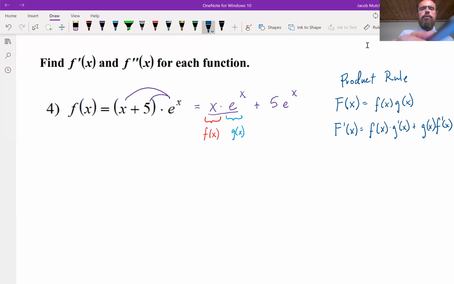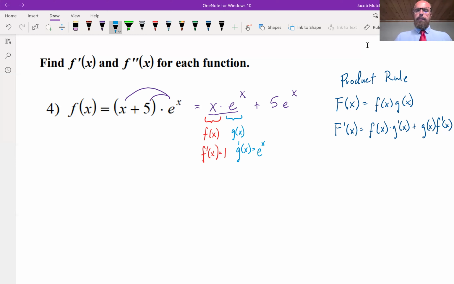So as you can see, I do need to take the derivative of the two pieces to apply the product rule. So my derivative of f of x, if the original is just x, is going to be 1. My derivative of e to the power of x, which I'm representing as g of x, is itself. Remember, that's that unique function that is its own derivative.